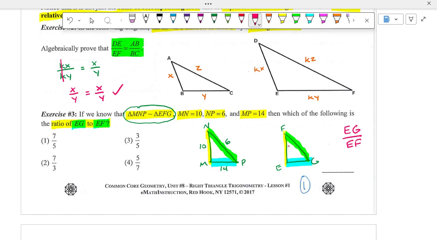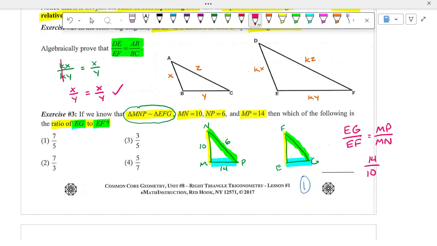So what's the corresponding side to EG? MP. So we're going to put MP over, what's the corresponding side to EF? MN. So in other words, we're going to do 14 over 10 and simplify it.